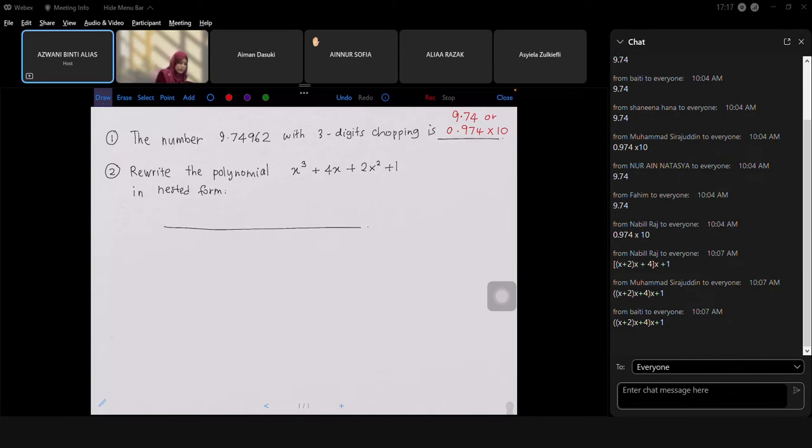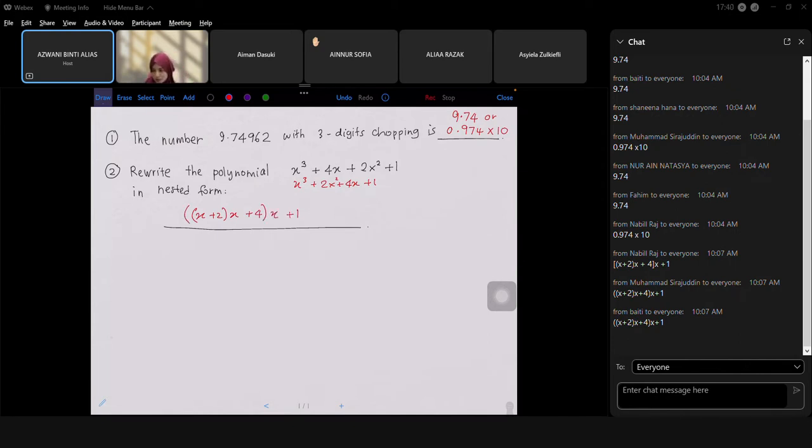So the first step, to make it easier, we arrange in descending order first, then it is easier to see the related x. So the answer will be x plus 2, x plus 4, x plus 1.